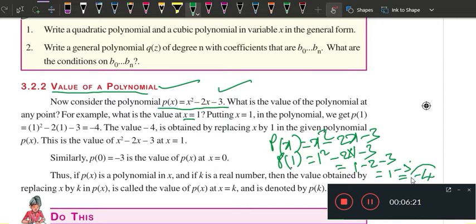So this minus 4 is the value of this polynomial at x equal to 1. That is the value of the polynomial.